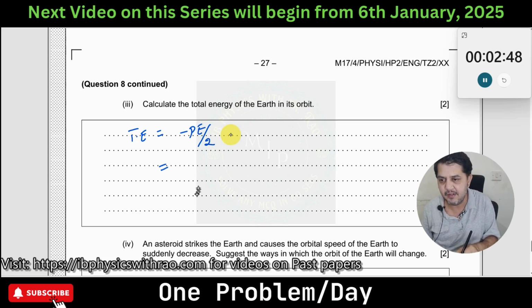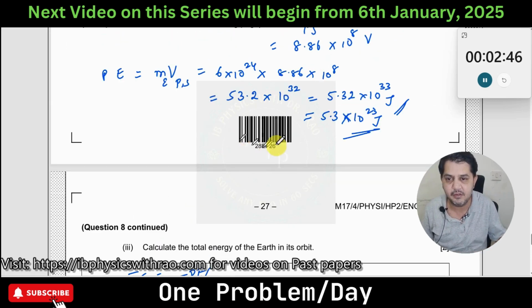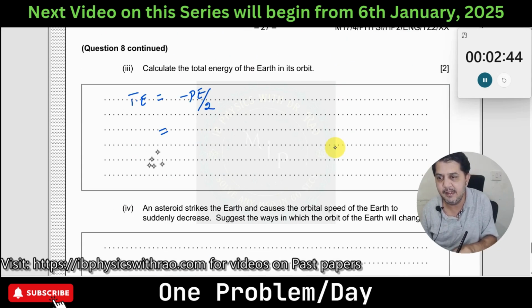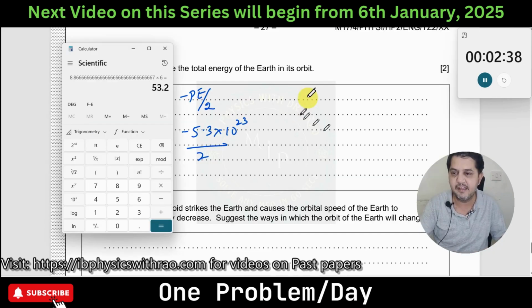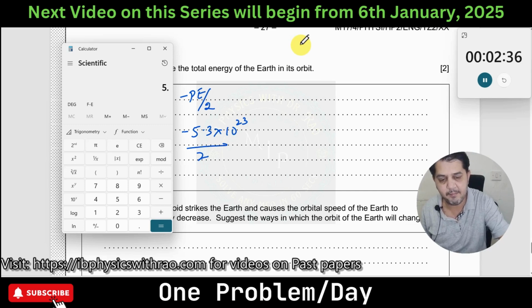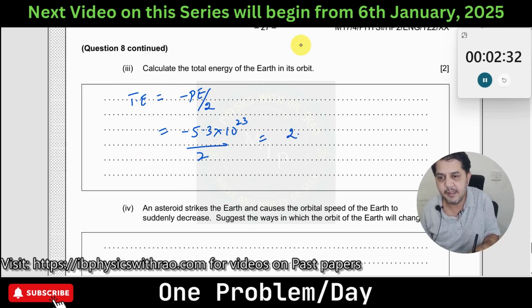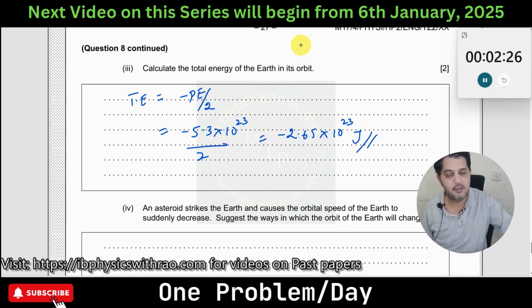Hence I will take this value, 5.3 into 10 to the power of 23, minus 5.3 into 10 to the power of 23 divided by 2, and I will calculate this value. So 5.3 divided by 2 is 2.65. So this should be 2.65 into 10 to the power of 23 joules. This will be your total energy.